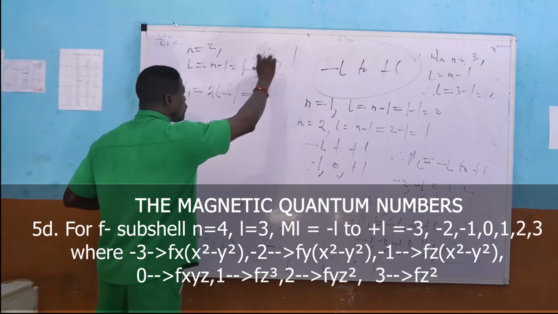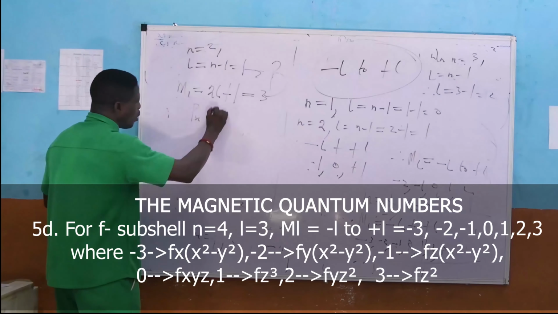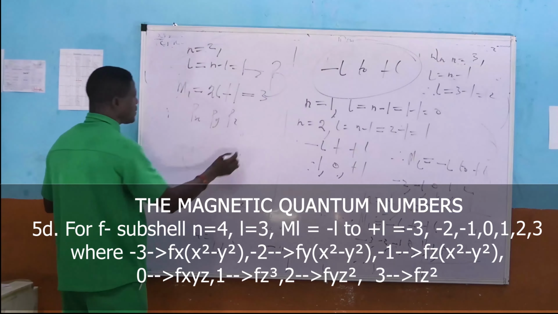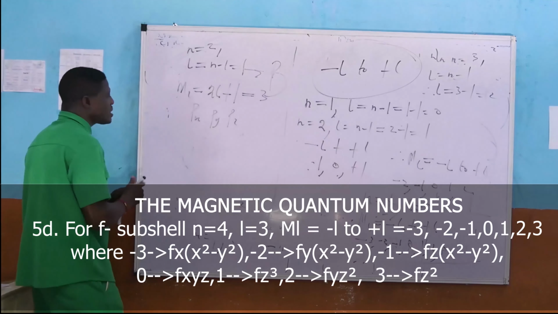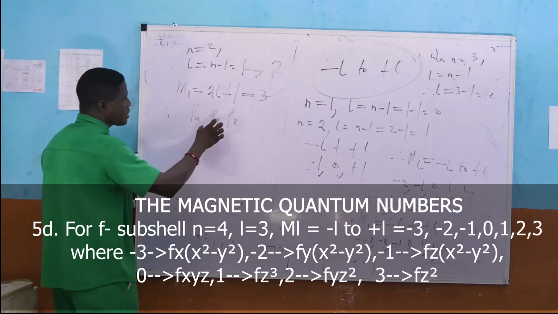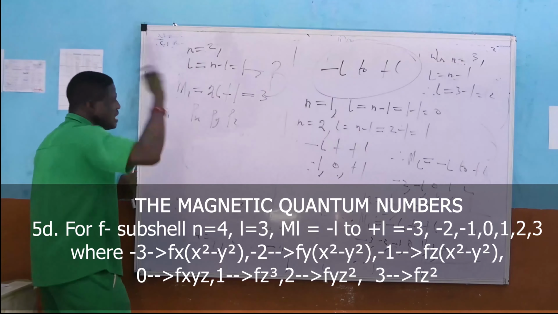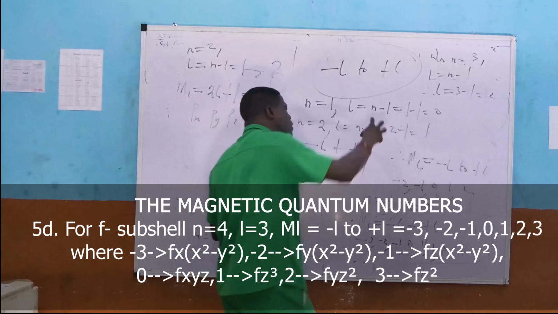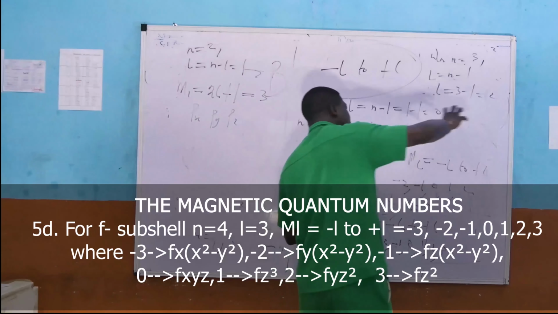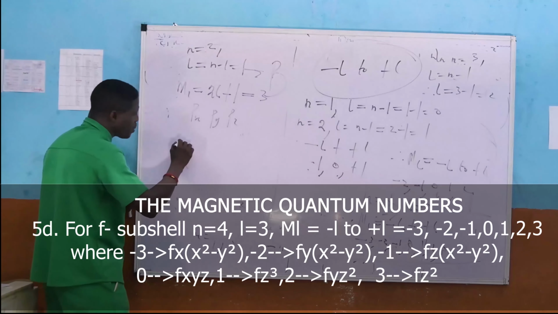Meaning that we have 3 p orbitals, which are px, of course, py and pz. The question now is, what are the quantum numbers that each of these subshells are designated with? It is with the knowledge of the possible values of the magnetic quantum number.